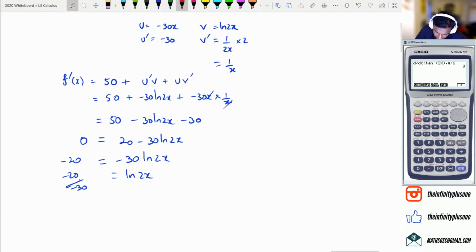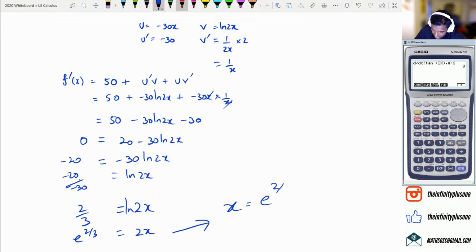So basically ln of 2x is equal to 2/3, and 2x is equal to e to the power of 2/3, which means x is equal to e to the power of 2/3 divided by 2.